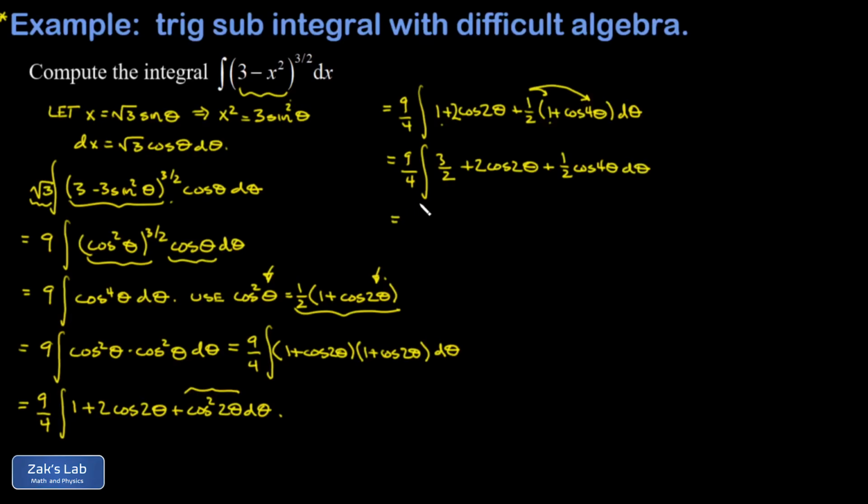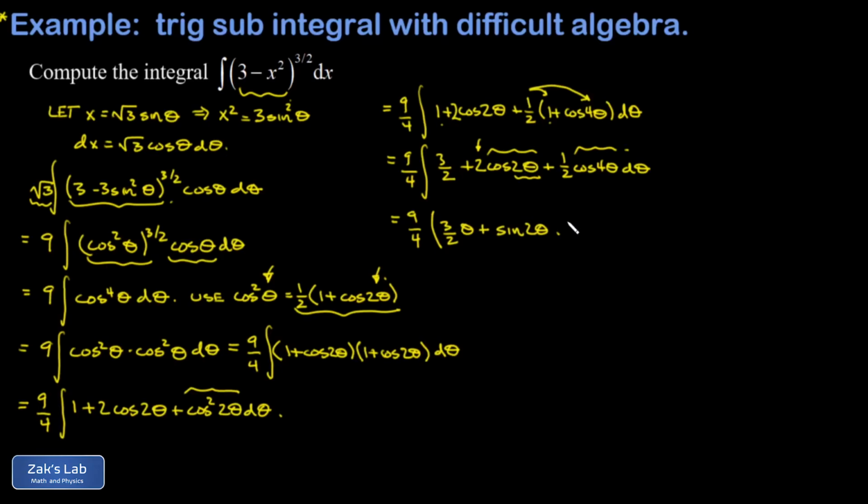d theta. And each of these pieces can be done in one step. For the cosine terms, I'm going to have to use the chain rule backwards, so we have to adjust some constants. I have 9/4 times 3/2 theta. For my first cosine term, I already have the derivative of the interior function 2 theta sitting out in front. That accounts for the effect of the chain rule. This integrates to sine 2 theta.